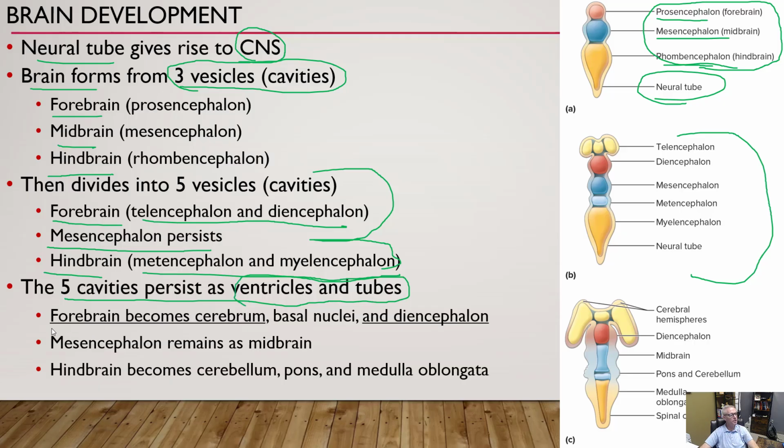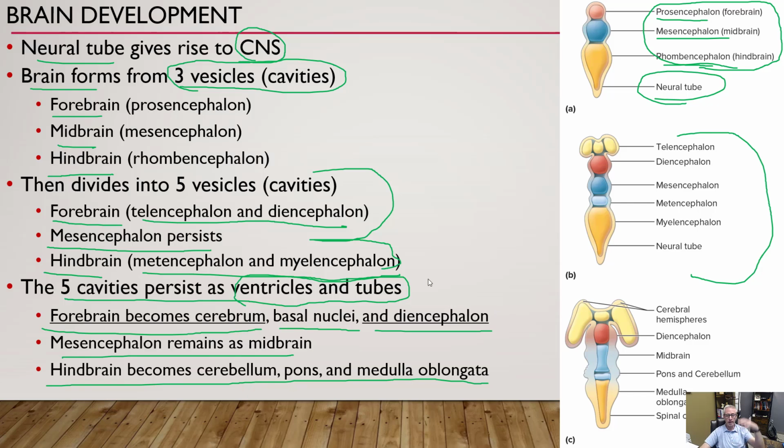What you do need to know is that forebrain will become the cerebrum, basal nuclei, and that diencephalon. The mesencephalon remains as the midbrain, and the hindbrain becomes the cerebellum, pons, and medulla oblongata, which will make sense if you know something about the brain.